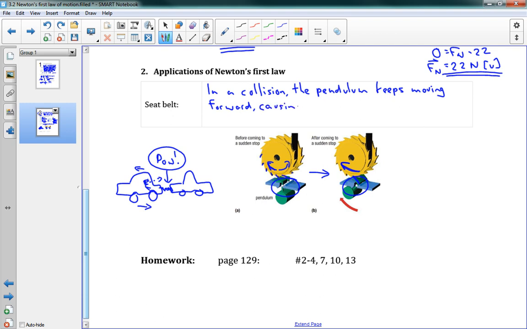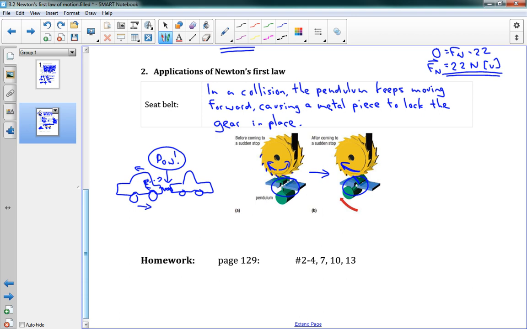Causing a metal piece to lock the gear in place. And that's how that works.